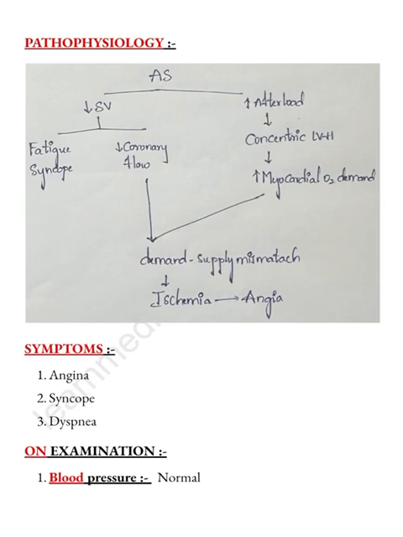And afterload is the resistance by the aorta and its branches to ejection of blood by the left ventricle. Here in aortic stenosis, the afterload gets increased. Whenever there is an increase in the afterload, you will see a concentric left ventricular hypertrophy.